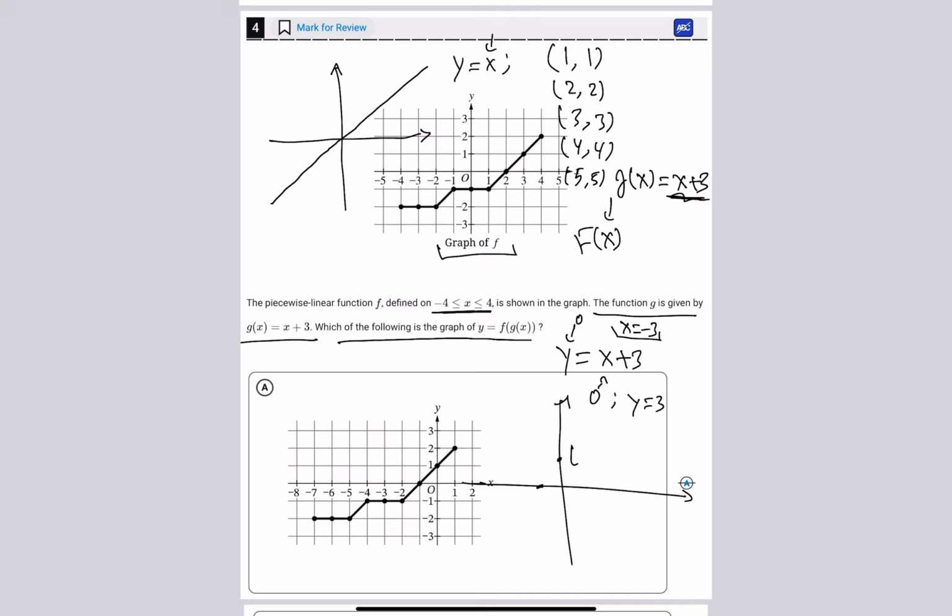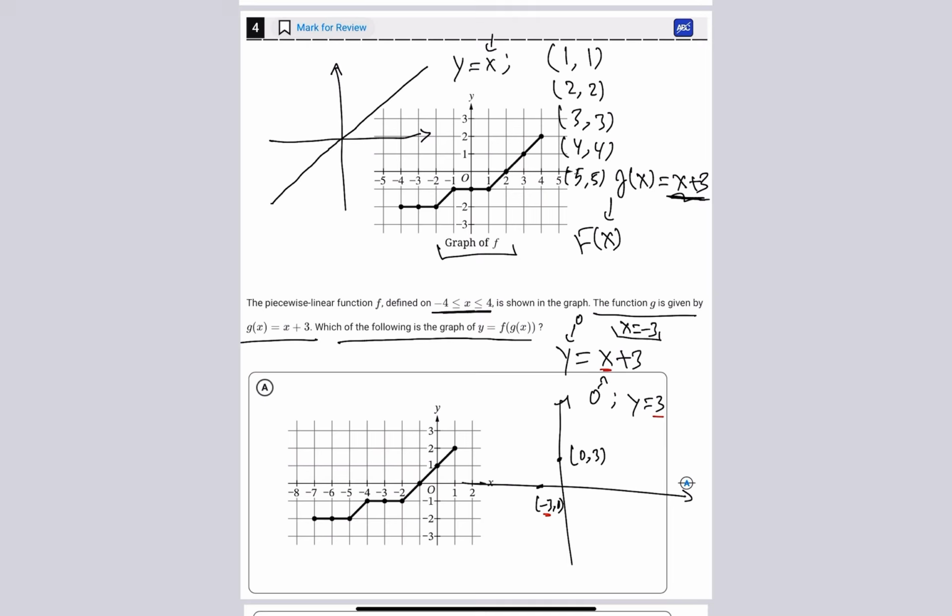So it's passing the y-axis at (0, 3) and the x-axis at (-3, 0). If you plug in -3 for x, you get y equals 0, and with 0 for x, you get y equals 3, which does work.